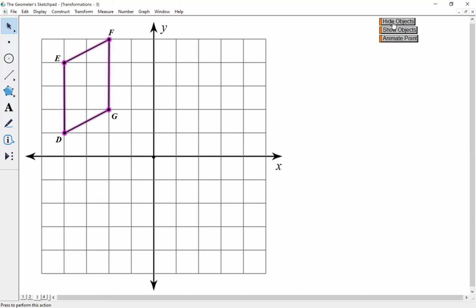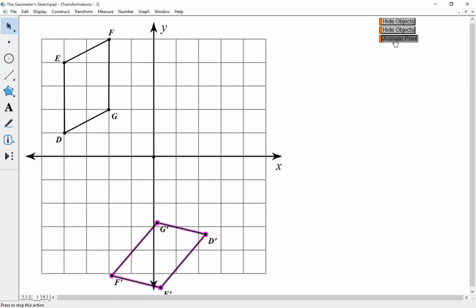Now rotate is kind of like how the clock goes. Let me imagine a picture, which I'm going to call E prime, F prime, D prime, G prime, and let me have it go around, kind of like how the clock goes. Look, it's going with the clock, right? So we call that clockwise.